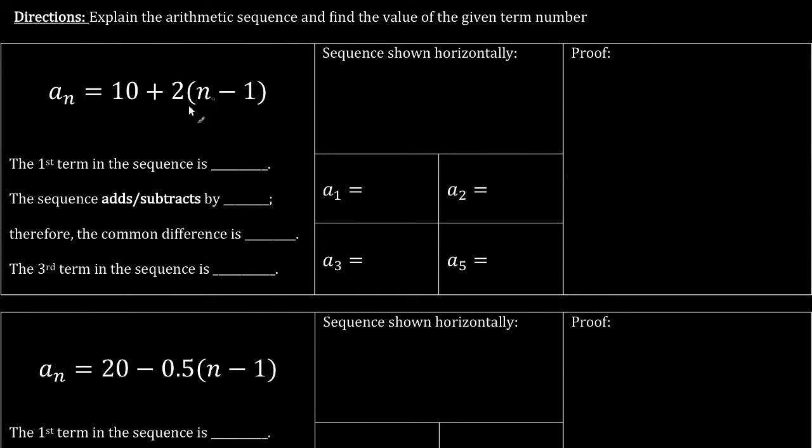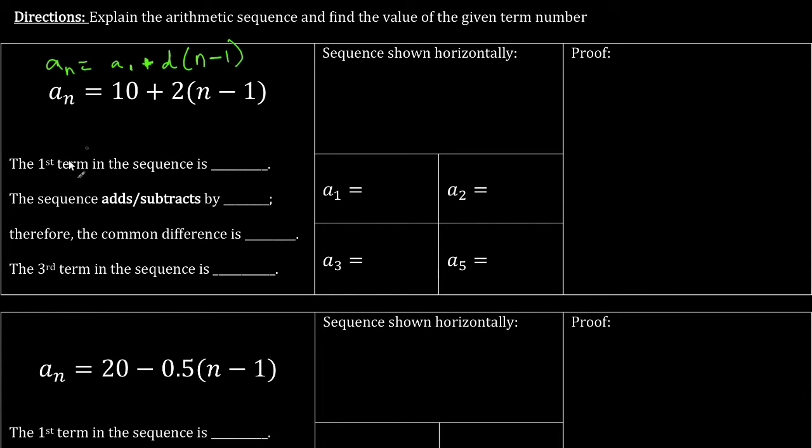All right, in an arithmetic sequence that can be represented using this equation, remember that this is the form it's usually going to be in. This will always be minus 1.